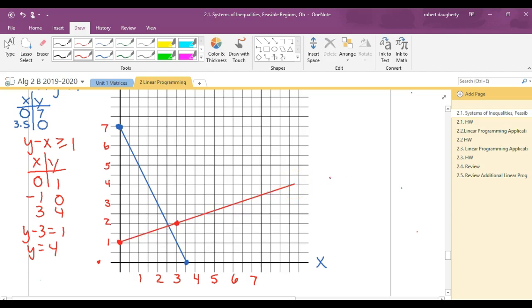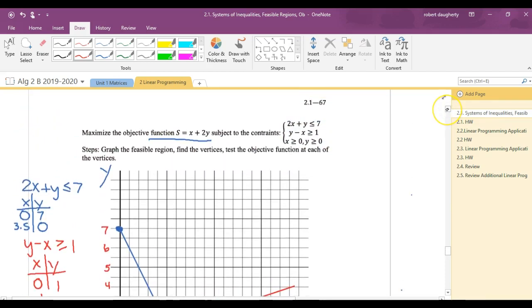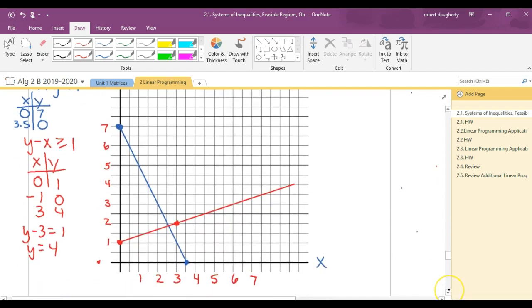Now, what do I shade relative to the blue line? Above or below are my choices. Below the blue line and what? Above the red line. Below the blue and above the red. So where is below the blue and above the red? Is it here?